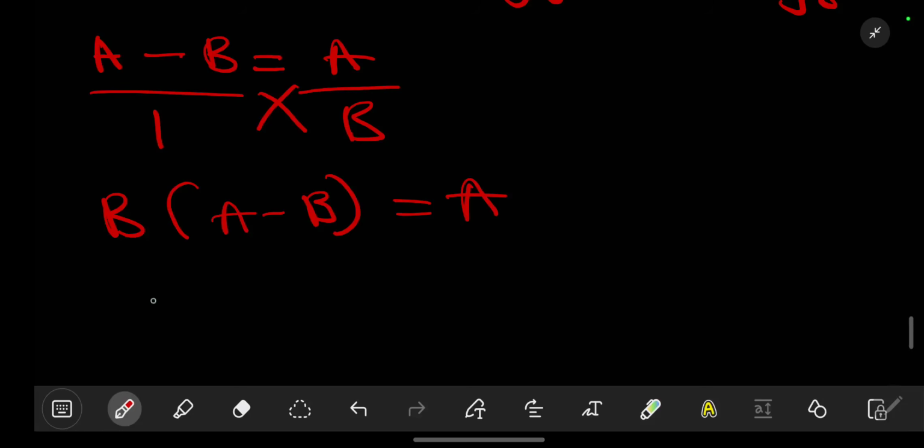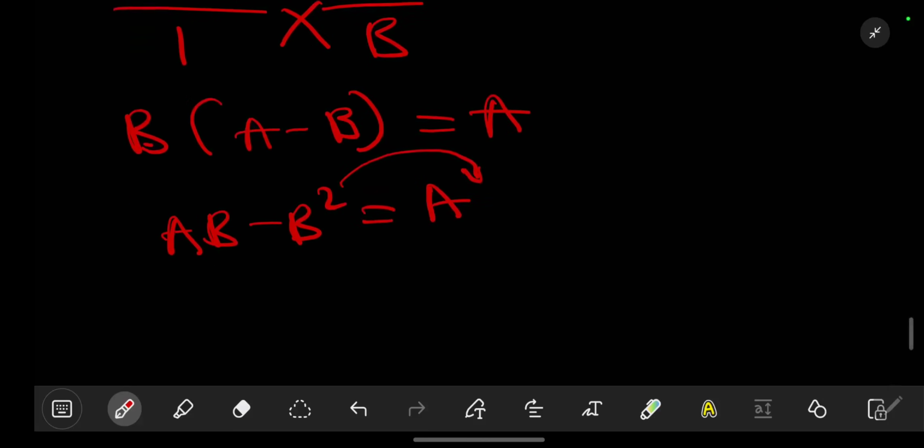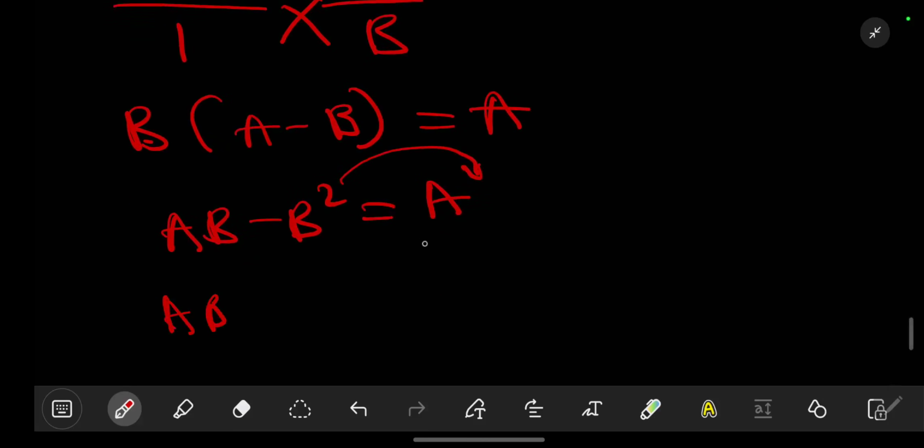Opening the brackets, we are going to have a times b, it will be ab, b times negative b will be negative b squared, should be equal to a. From here, since this b squared is negative, let's take it this side. So it will be ab, then the a will come this side, ab minus a should be equal to b squared.